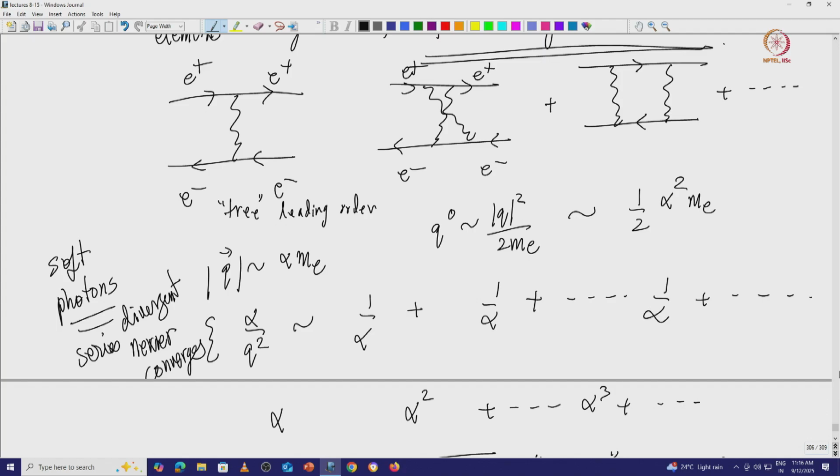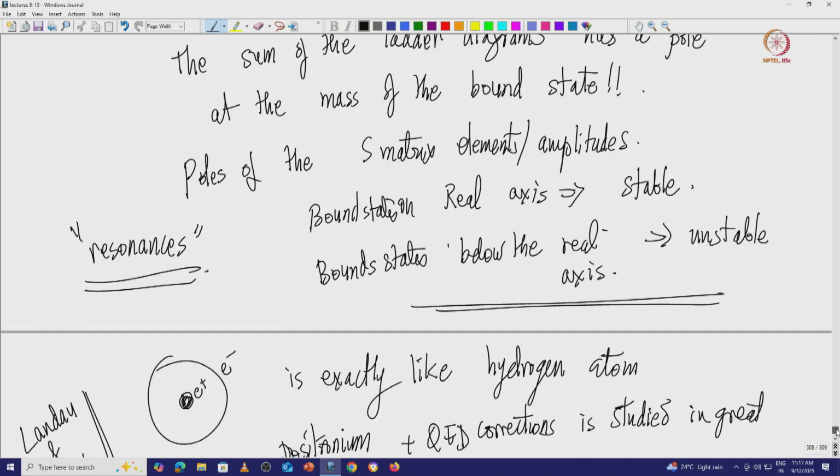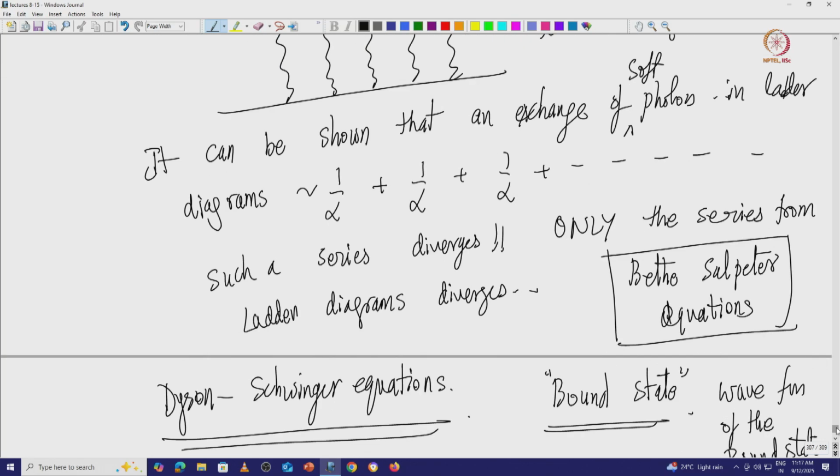The rest will converge, but this part is completely divergent. So this is a non-perturbative effect. When you sum it over, it just becomes a divergent series and you do not know how to deal with this.